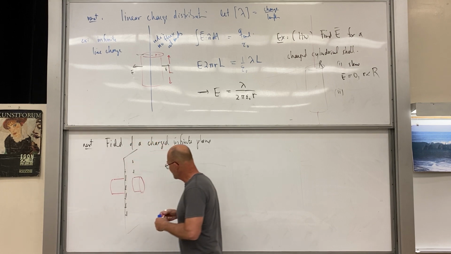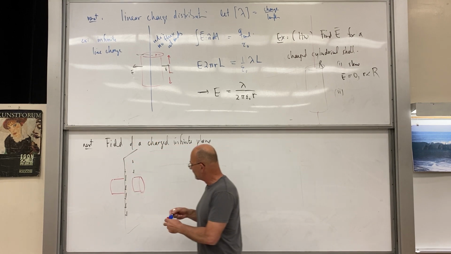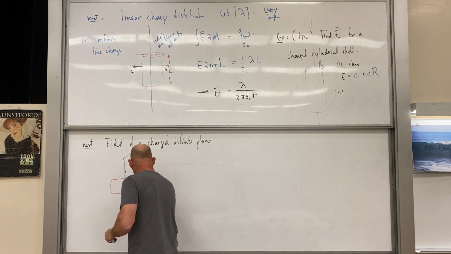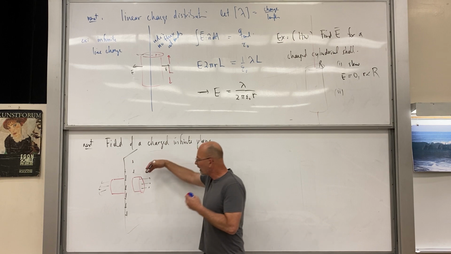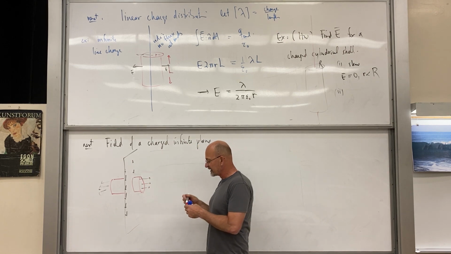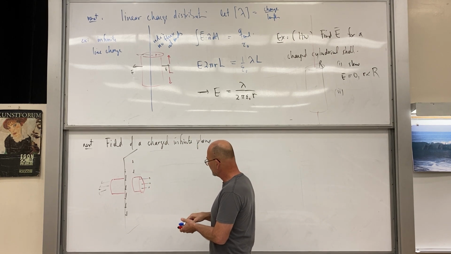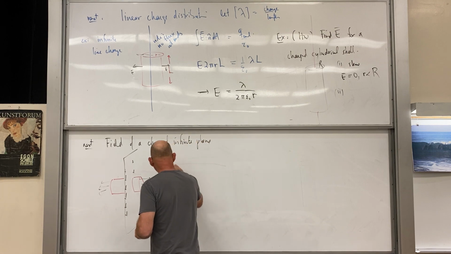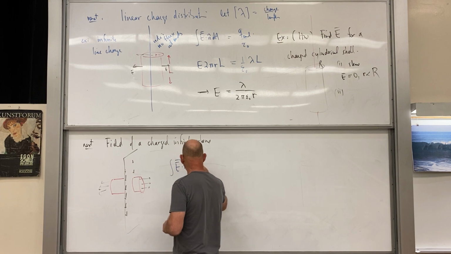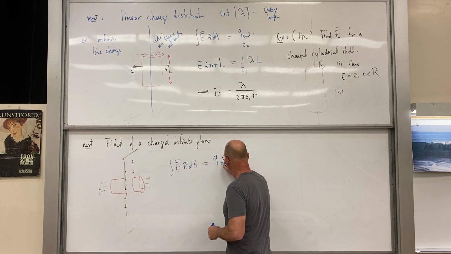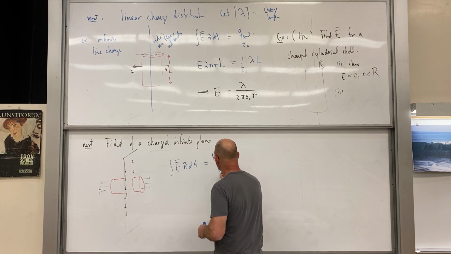Here the idea is that the field vectors are perpendicular. There are no parallel components, and therefore Gauss's law tells us we're going to have the integral of E dot n hat dA equals Q enclosed over epsilon naught.